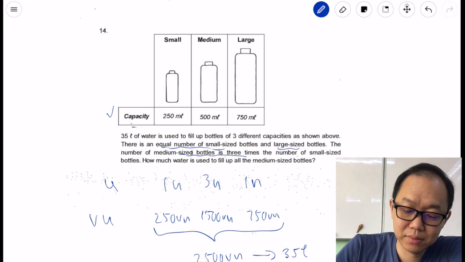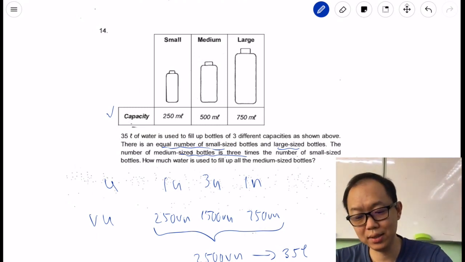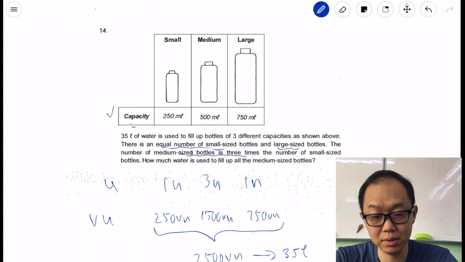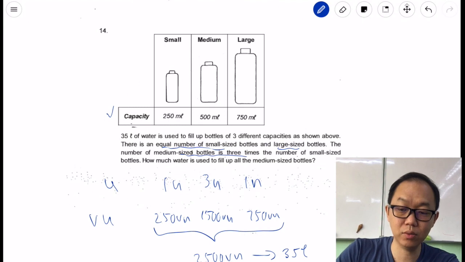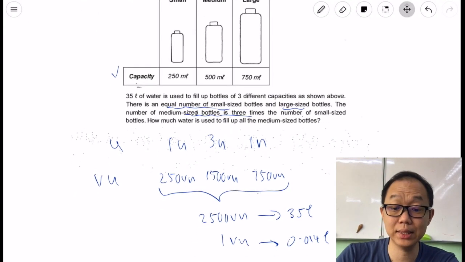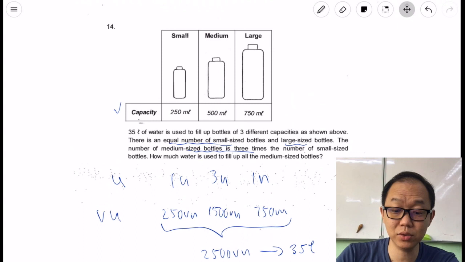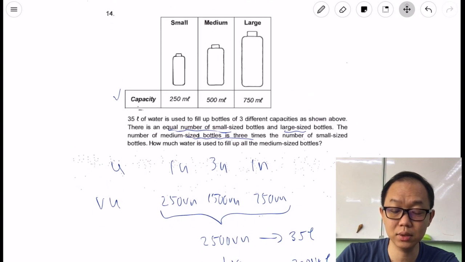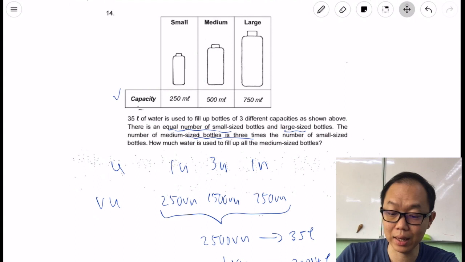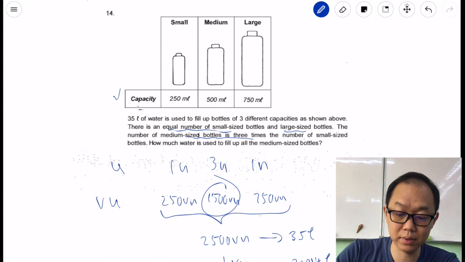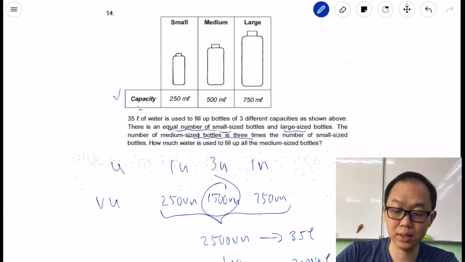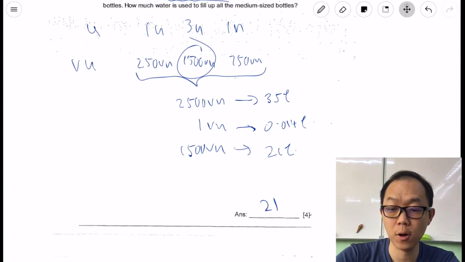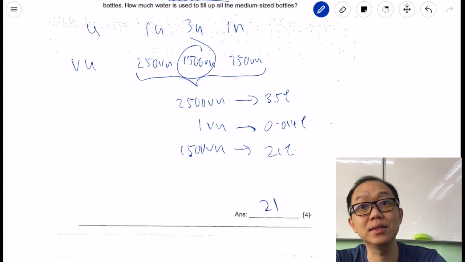Find 1 VU: 35 divided by 2500 is 0.014 liters. So 1 VU represents 0.014 liters. We are supposed to find how much water is used to fill up all the medium-sized bottles. That is 1500 VU, so 0.014 times 1500. The answer is 21 liters. That wasn't too bad.